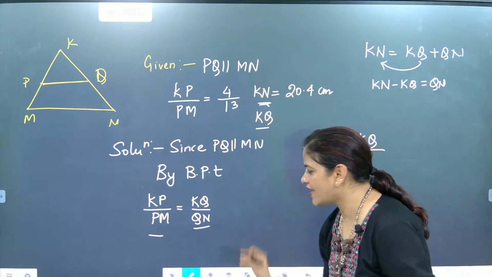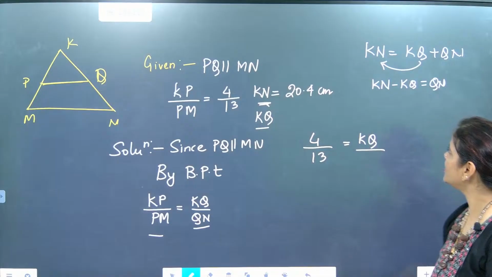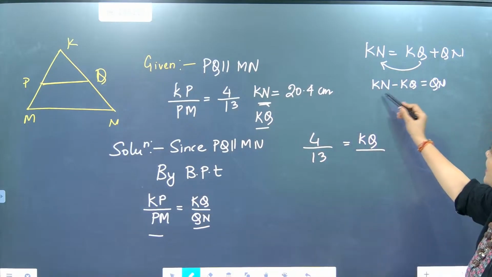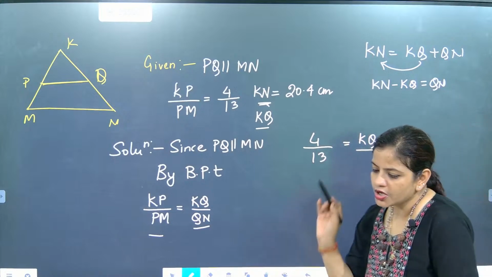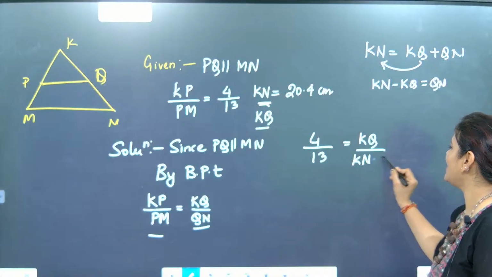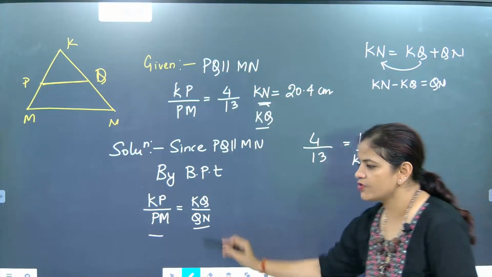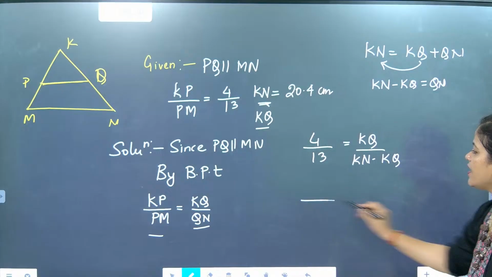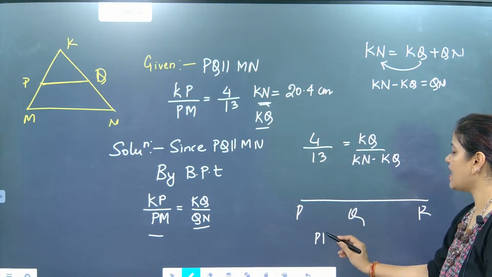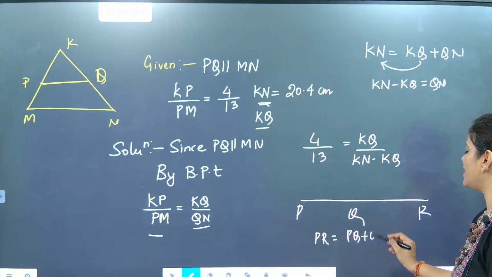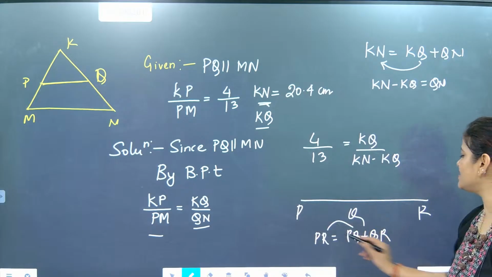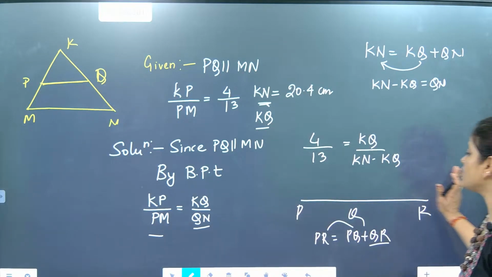So instead of QN, we can write KN minus KQ. It's like if PR is the total length, PR can be written as PQ plus QR. So this minus this will be equal to QR. Same concept we have used.